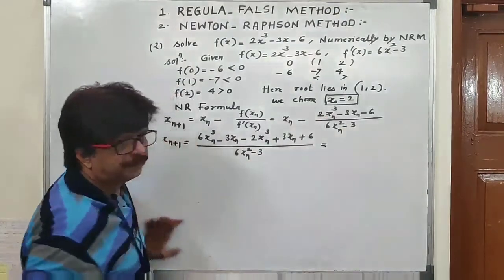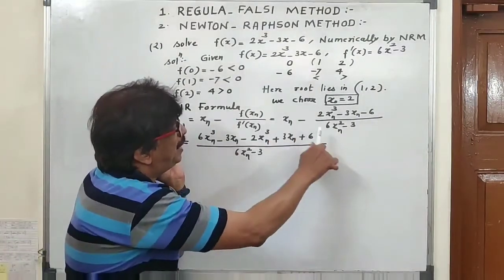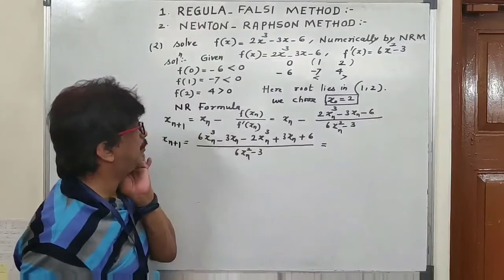I have just combined these, cross multiplied and subtracted the numerator of the second term.